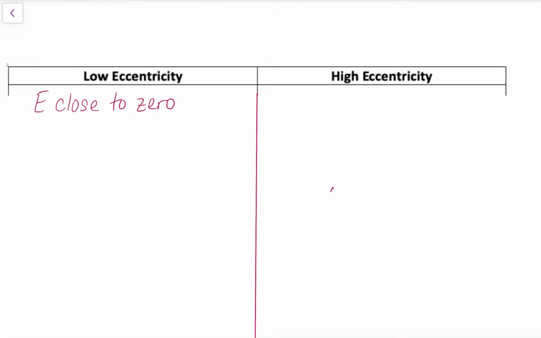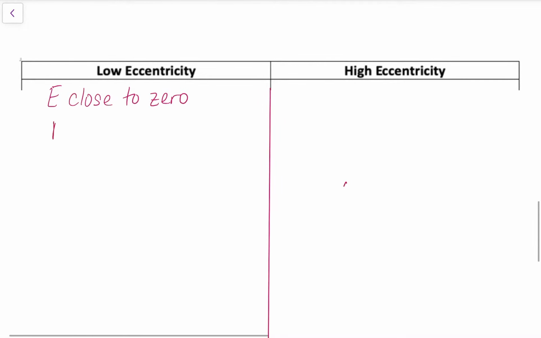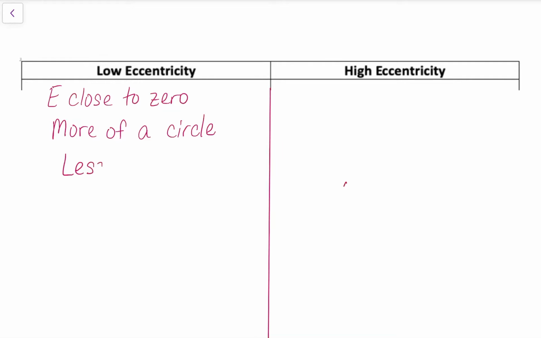And the shape is more of a circle. If it's a lower eccentricity, we would say it's less elliptical.